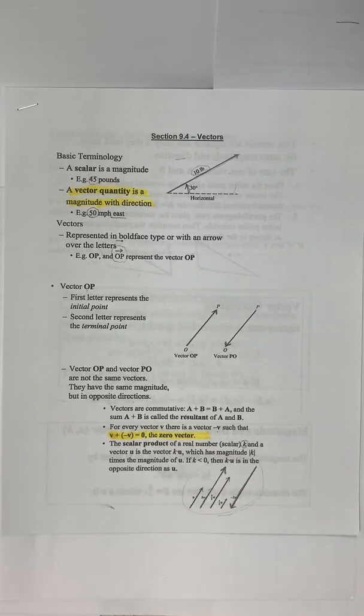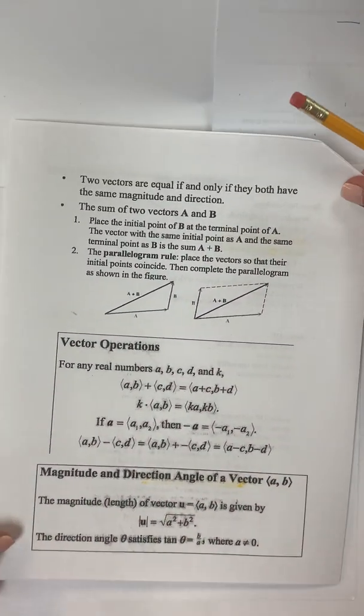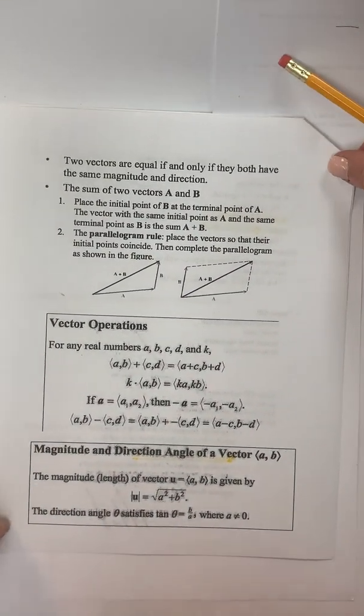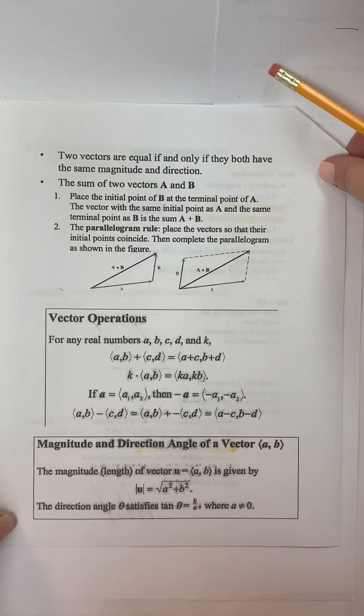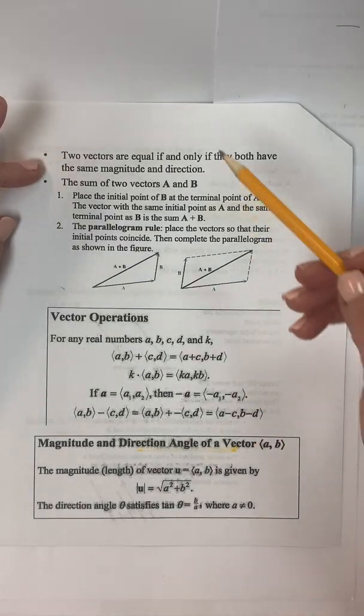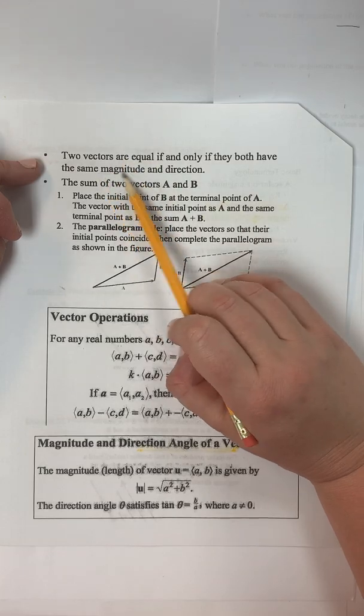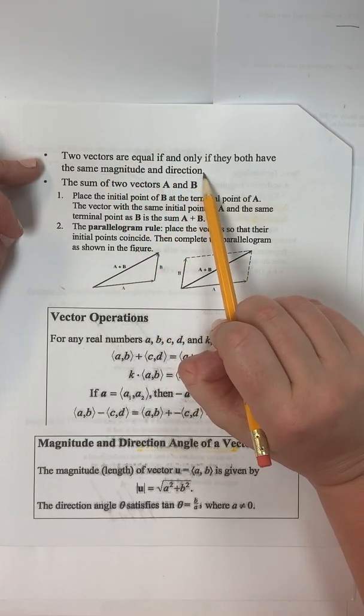Okay. All right, let's talk a little bit more. Most of this is sort of overkill for this section, but I put it in here just so that you would have it at some point if you needed it. So two vectors are equal if and only if they both have the same magnitude and direction.